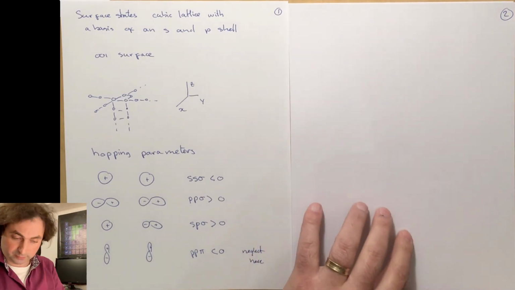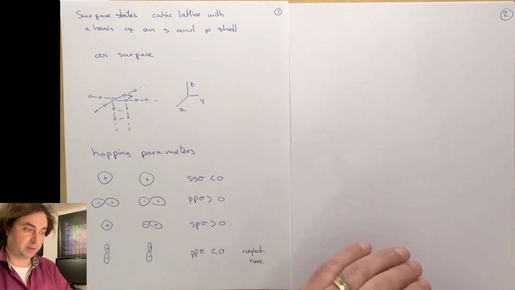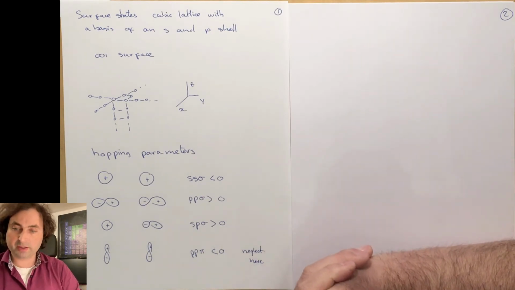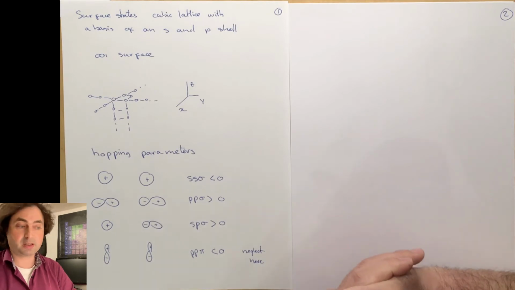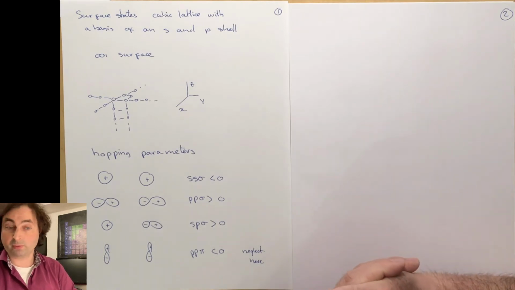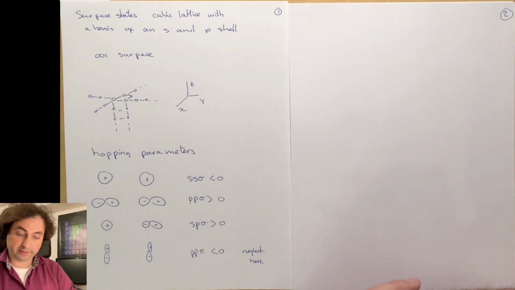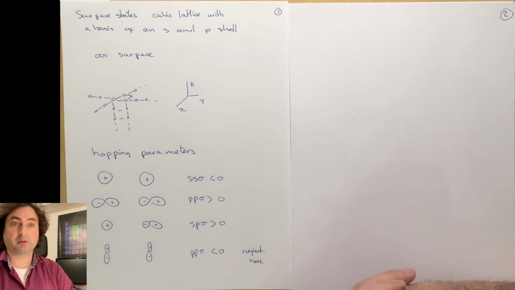So with this we can build our Hamiltonian in real space, and we now want to transform this into a Hamiltonian in K-space, and for that we can use a Fourier transform. We did this before for a one-dimensional lattice with a basis of an S and a P orbital.